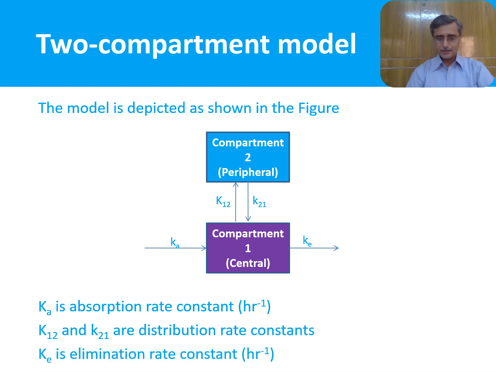Once the drug is introduced into compartment 1, it can distribute from compartment 1 into 2 and back from compartment 2 into compartment 1. The drug gets eliminated from compartment 1. So what is important is that the drug enters compartment 1 and leaves the body from compartment 1 itself. K12 and K21 are the distribution rate constants from compartment 1 to 2 and from 2 to 1, and K is the elimination rate constant.